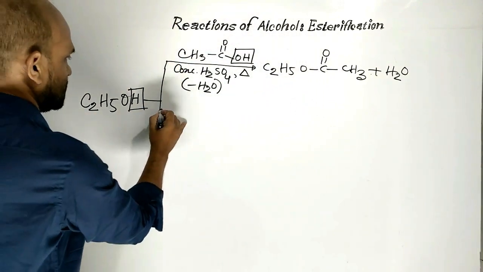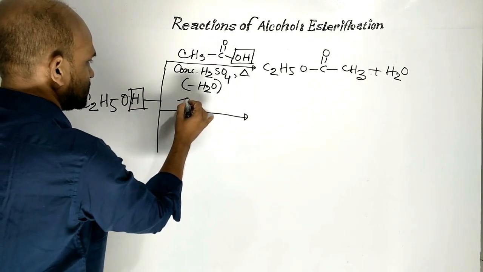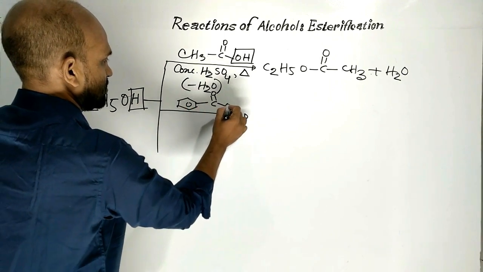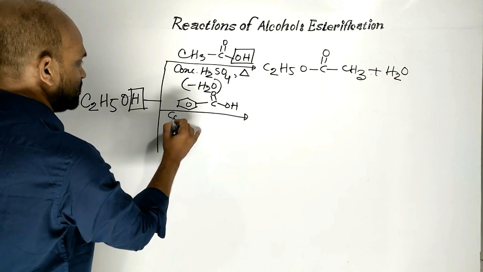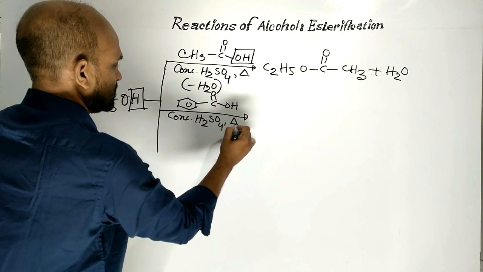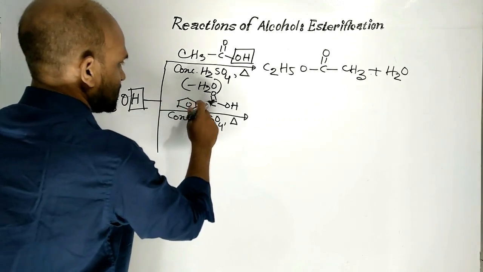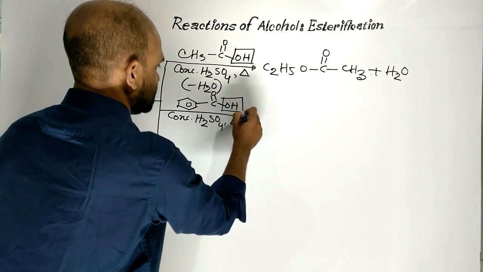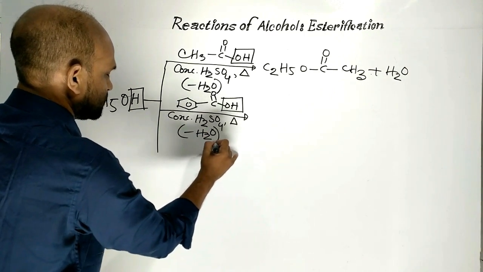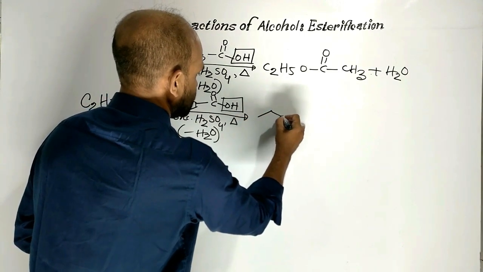Again, when alcohol is treated with benzoic acid, in presence of concentrated sulfuric acid, then ethanol's hydrogen and hydroxyl group of benzoic acid forms water that gets freed from the reactants, and this ester is formed.